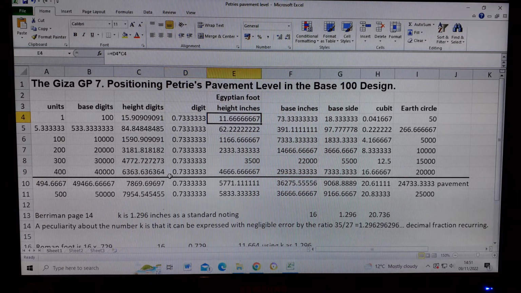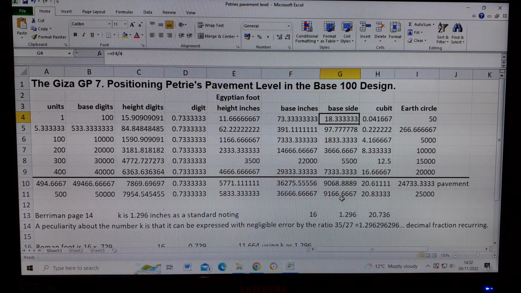So it gives us an Egyptian foot of 35 divided by 3 inches, and 35 is base 7 times 5. So the actual height of the pyramid is base 7 unit, and we know it's 280 cubits. So base 7 as a foot will work very nicely into 280 cubits. It gives us a Giza base of 73.333 inches, base side of 18.33 inches.